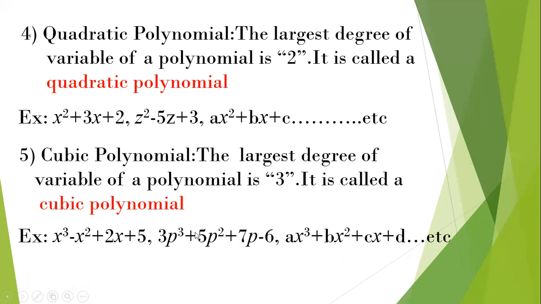Okay, these two are also cubic polynomials. Why? Because the largest degree of the variable term is 3. That is why this is a cubic polynomial. A cubic polynomial can be written as, that is general form of the cubic polynomial, ax cube plus bx square plus cx plus d.